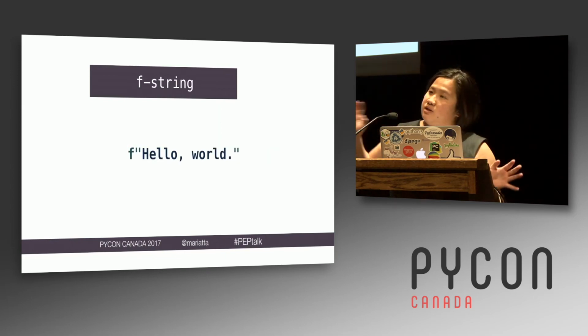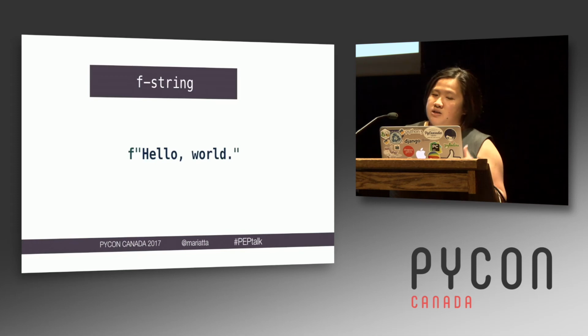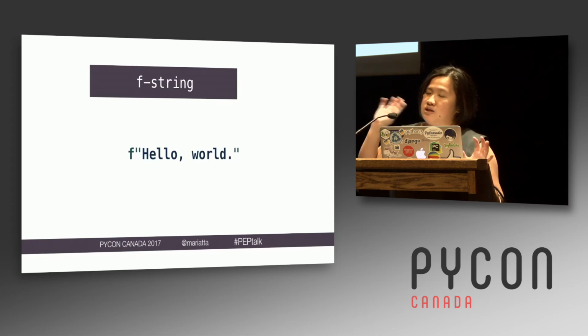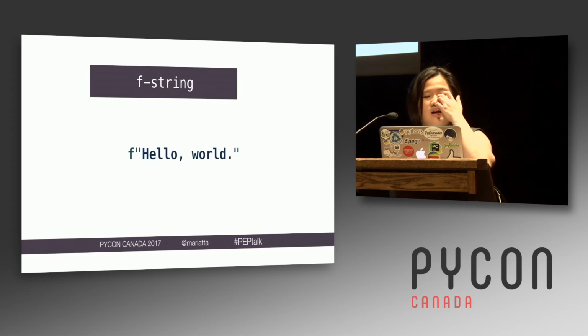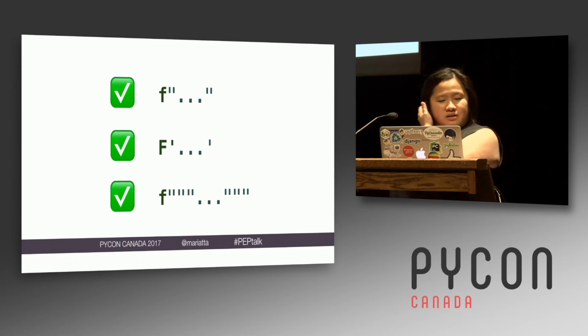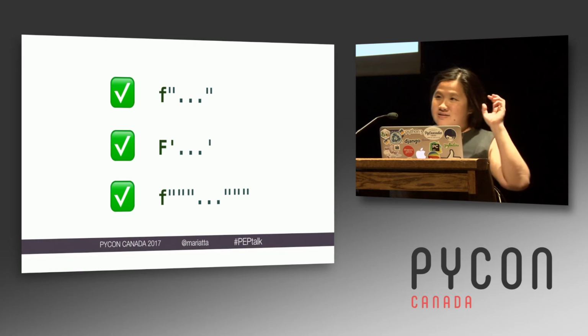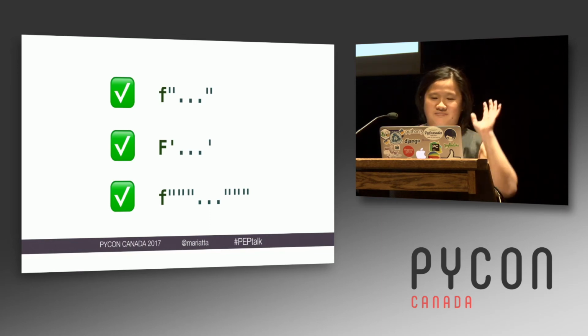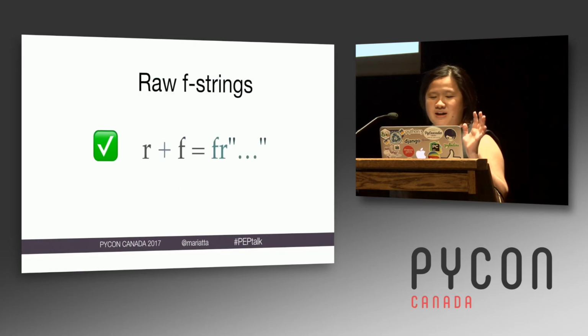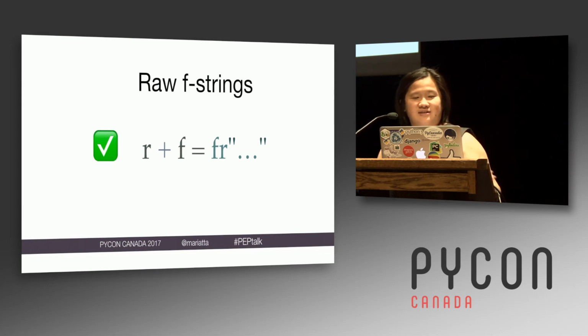It's possible for an f-string to not have any expression, so as long as it starts with an f, it's still considered an f-string. And you can use lowercase, uppercase F, single quotes, triple quotes, that works. You can combine it with raw strings to make raw f-strings.